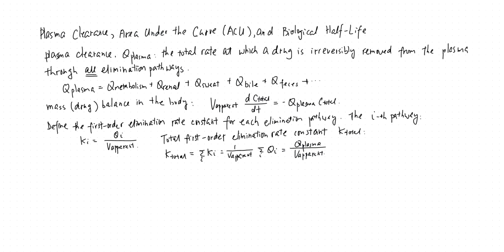This result isn't surprising. You probably guessed it at the beginning. It's by construction. So K total is Q plasma divided by V apparent.